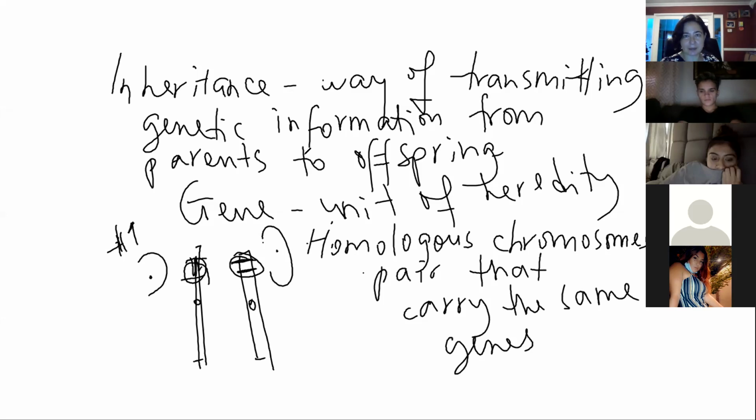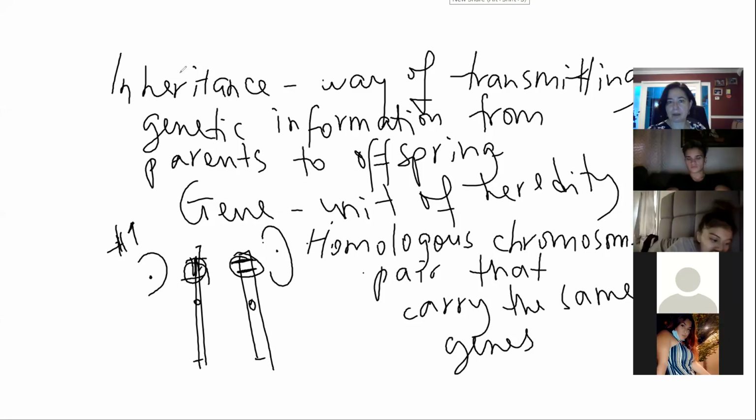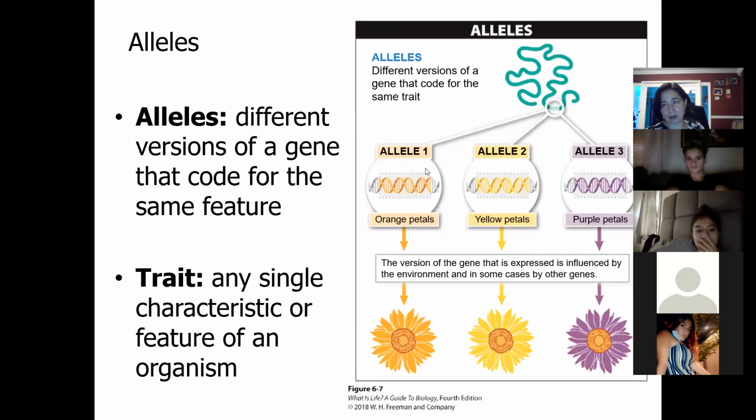Is it clear, guys? Did you get the concept? You said different versions of what? A different version of the gene is called an allele. Allele for round ears, allele for pointy ears, allele for oval nails, allele for round nails, and so on.